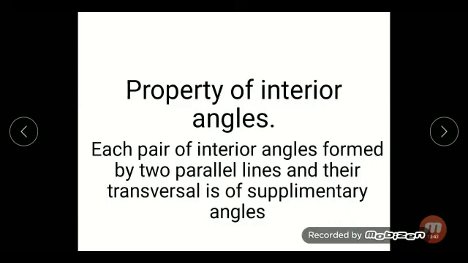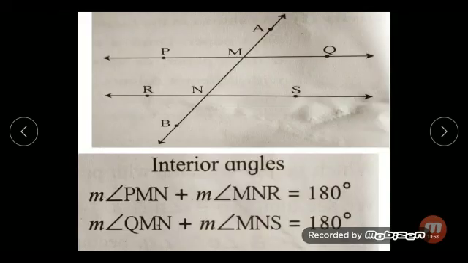Property of interior angles. Each pair of interior angles formed by two parallel lines and their transversal is supplementary. Supplementary means their sum will be equal to 180 degrees.